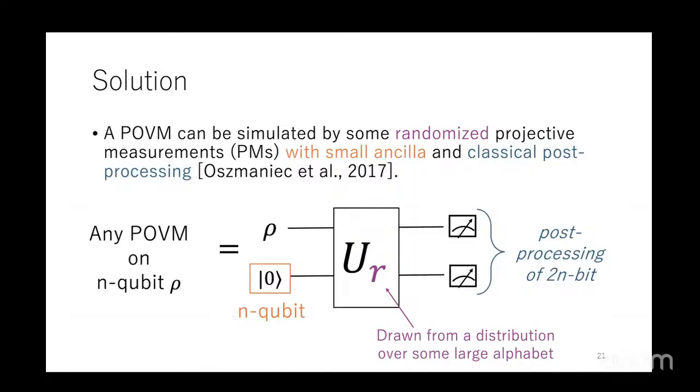To overcome this issue, we use some techniques. The first technique is a property shown by Oszmaniec et al. in 2017: any POVM measurement can in fact be simulated with a small ancilla qubit and some randomized measurement.